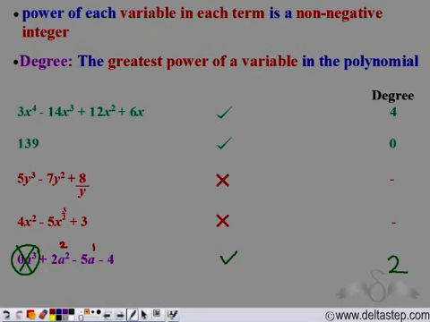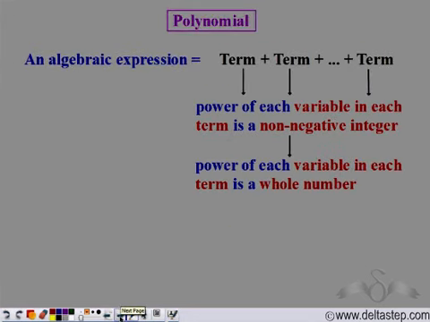Now these were polynomials in a single variable. Each of them had just one variable. We can have polynomials with more than one variable as well. In those polynomials as well, the power of each variable in each term will be a non-negative integer or a whole number. Now how do we calculate the degree of polynomials with two variables?